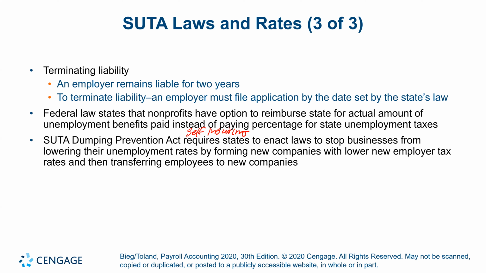And then the State Unemployment Tax Act Dumping Prevention Act requires states to enact laws to stop businesses from lowering their unemployment rates by forming new companies with lower new unemployment tax rates and then transferring employees into new companies. So the whole dumping is that you're dumping the original company's high tax rates. So, okay, anyway.